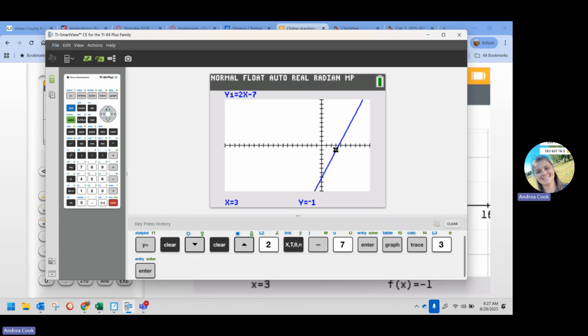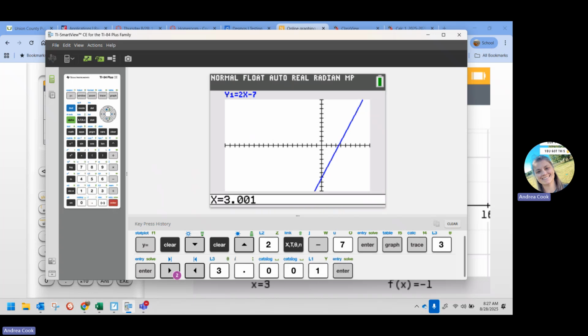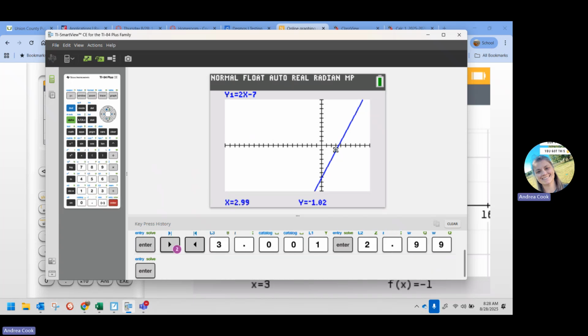As I get bigger than 3, am I approaching -1? So if I type in, say, 3.001, is that getting closer to -1? If I type in a number smaller than 3, like 2.99, is that approaching -1?